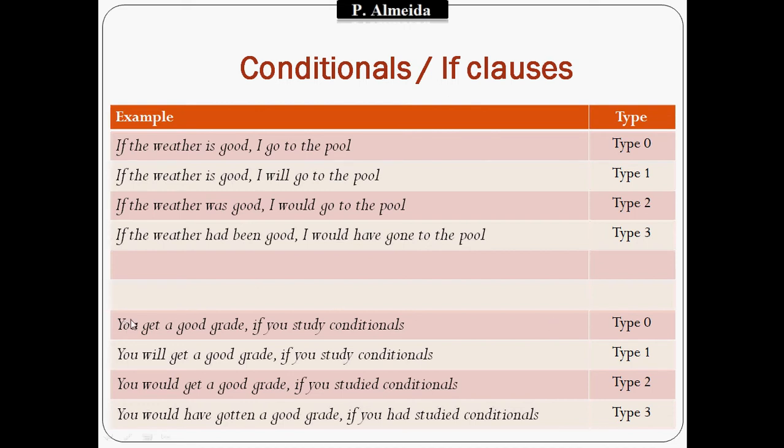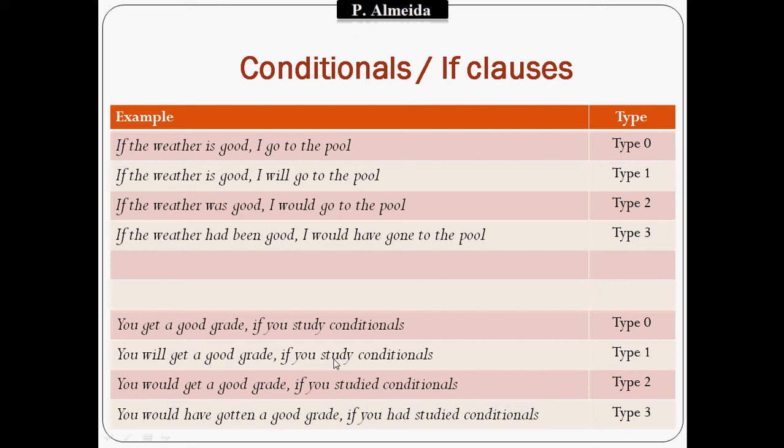So, you get a good grade if you study conditionals. Result, if, here the condition. Now, present simple, type 0. Alright, you will get a good grade if you study conditionals. So this is type 1 because again I have the result with a will and I have the present simple.